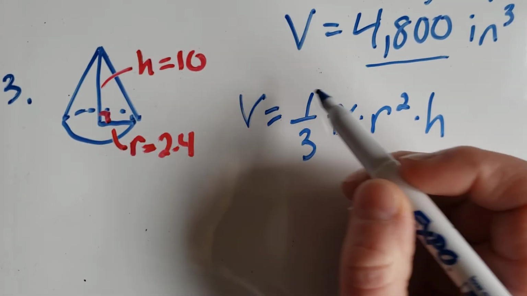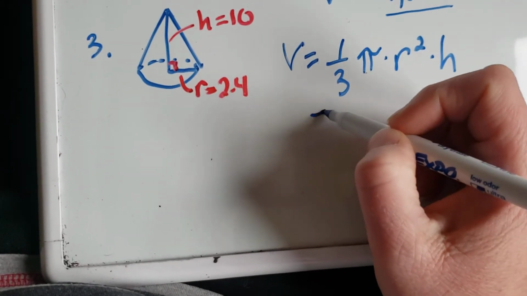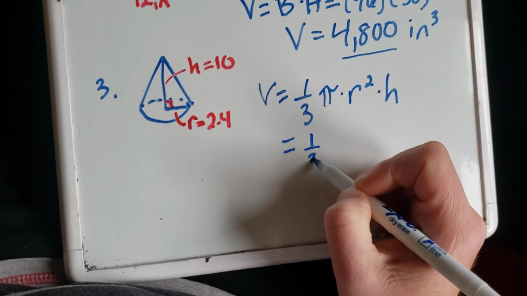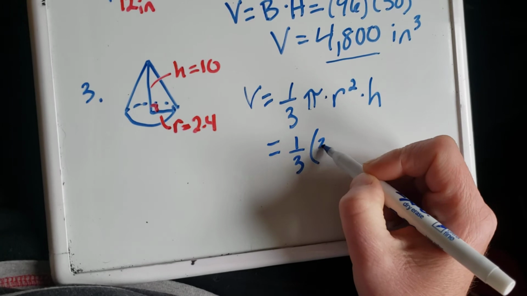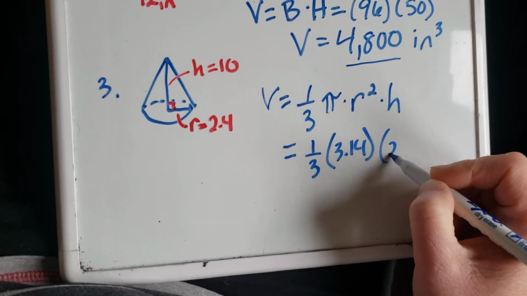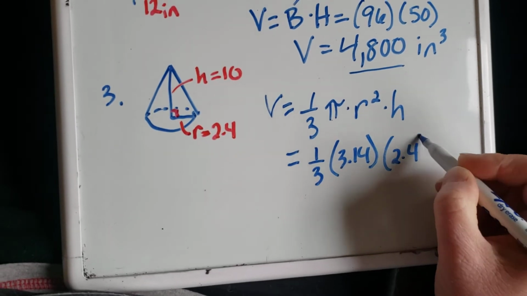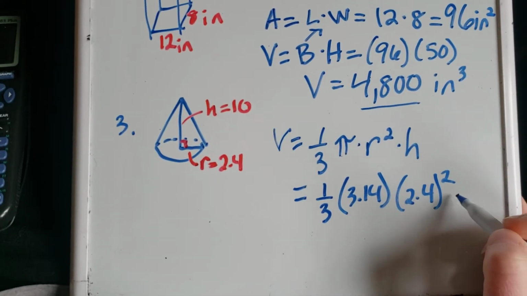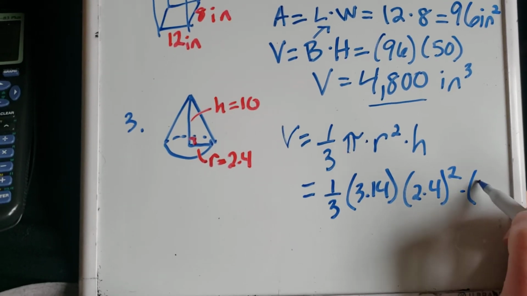Anyway, so we take the values from the problem and plug them into this formula. So 1/3 pi, we're using 3.14. Radius in this case is given as 2.4, and that is going to be squared. That's from that circle part. And then the height is 10.